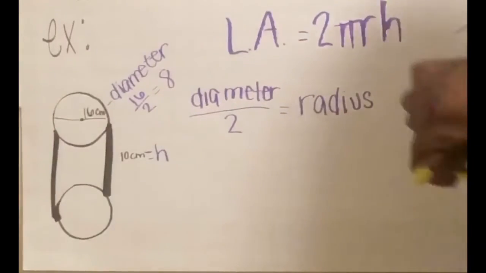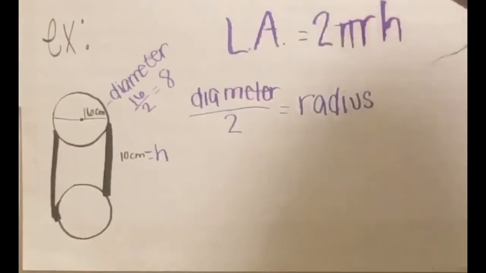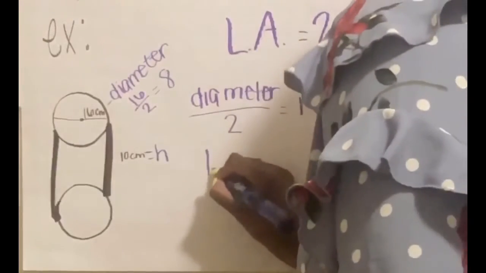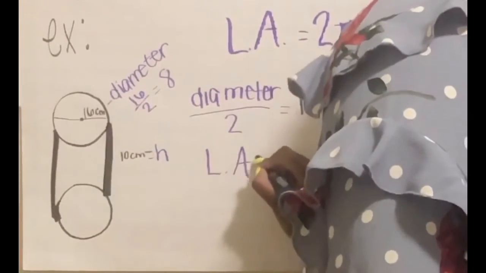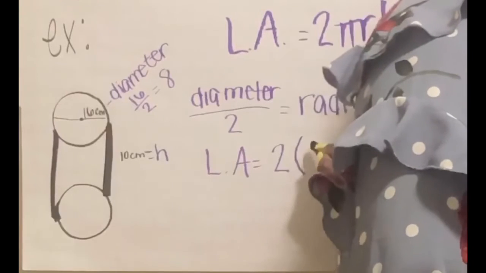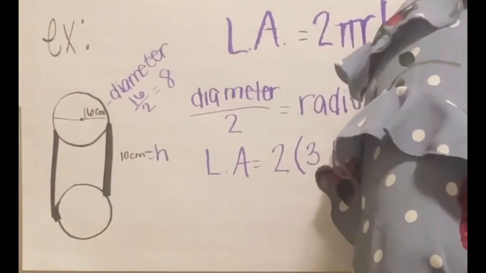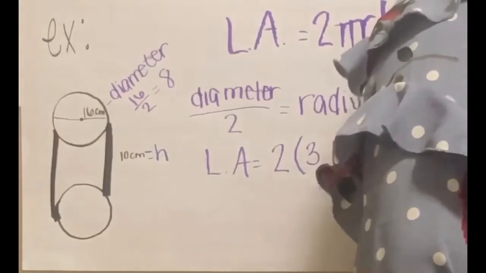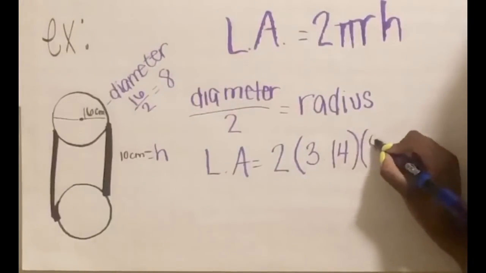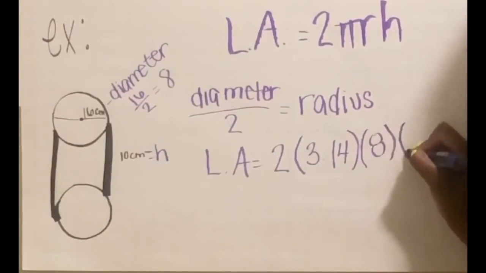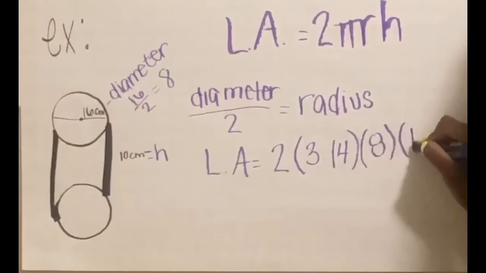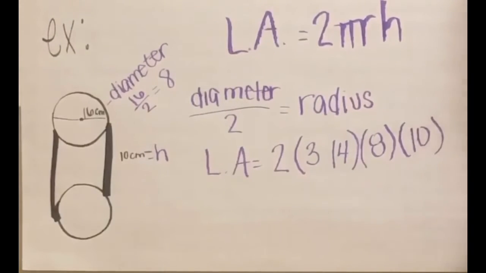Alright? So now we're going to plug in our formula. So we have LA equals 2. Pi is still 3.14. Our radius is what? 8. Our height is what? 10.